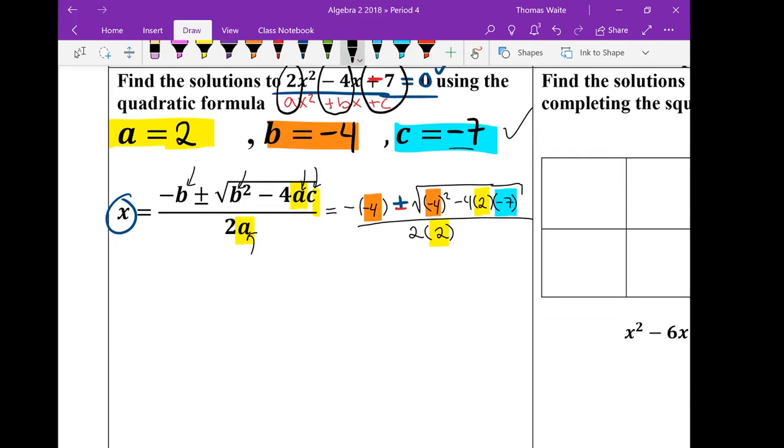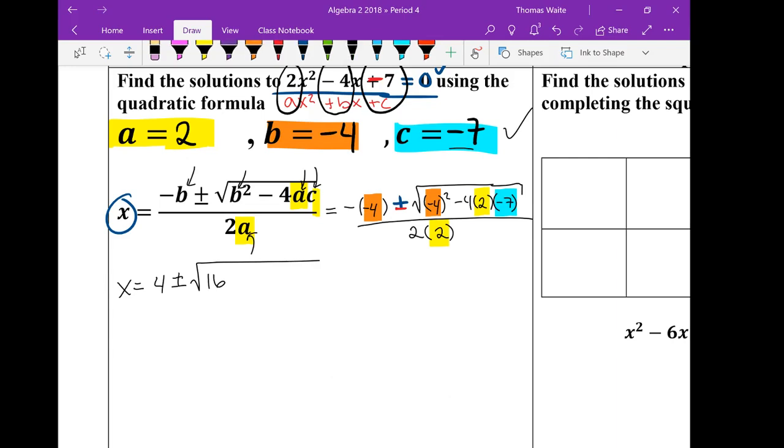So I'm going to start on a new line. Let's say x equals negative, negative 4 is just going to give me a positive 4, plus or minus the square root of negative 4 squared. Well, that's just negative 4 times negative 4, which is going to be a positive 16. So again, that's why we want to be really careful with our parentheses.